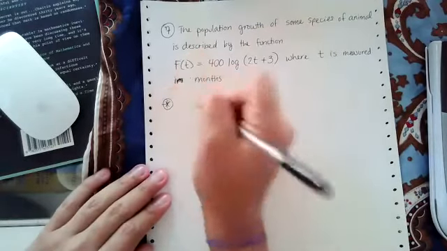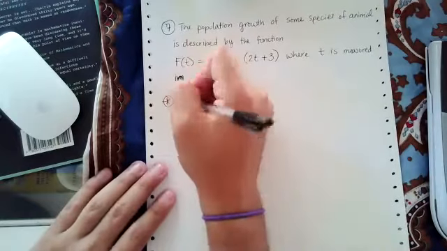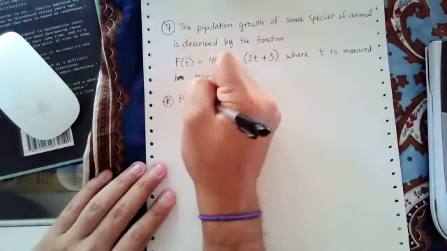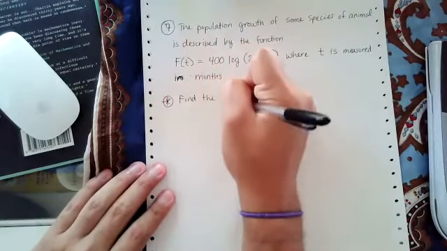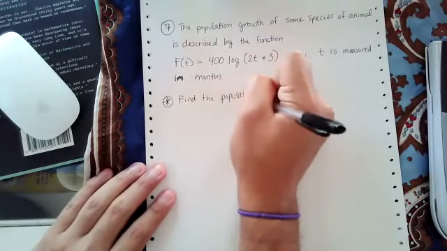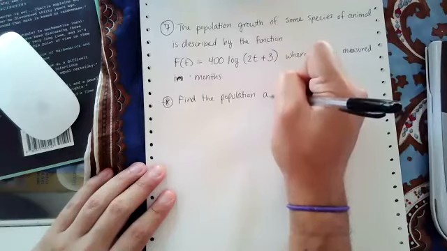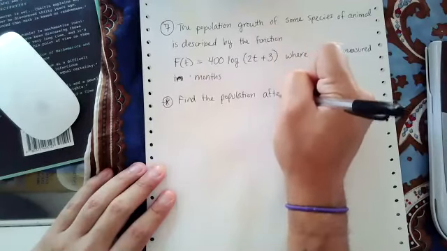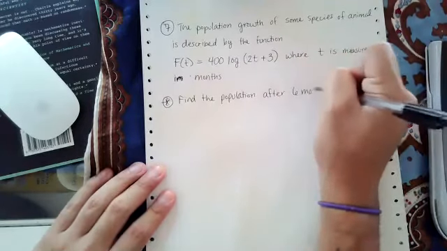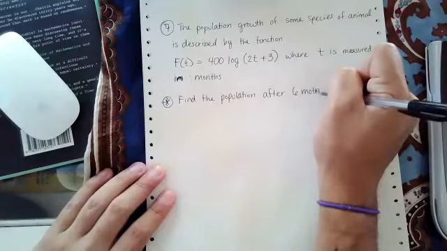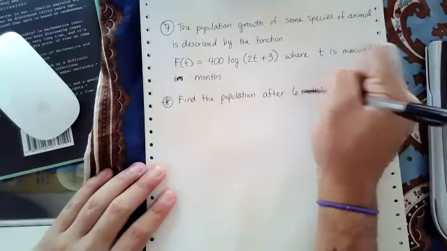Here's the moneymaker. Here's the question. Find the population after 6 months. If only I could spell today.